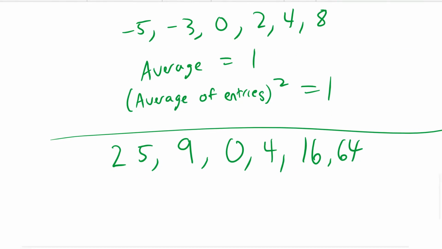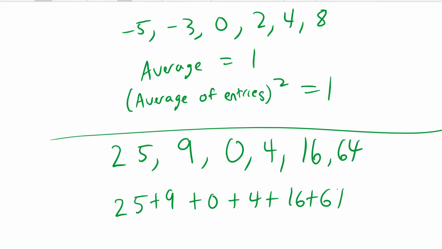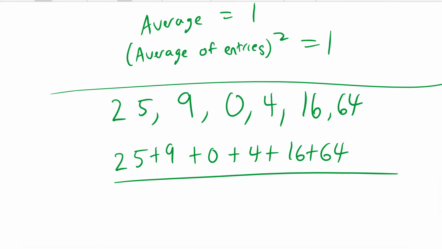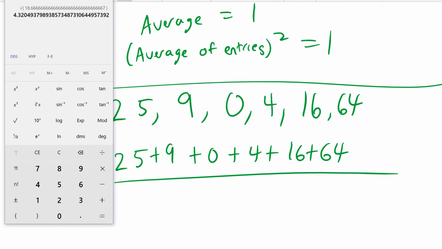Now we find the average of this list. 25 plus 9 plus 4 plus 16 plus 64, and we divide by 6. Let's use the calculator. 25 plus 9 plus 4 plus 16 plus 64 divide by 6 equals 19.667.